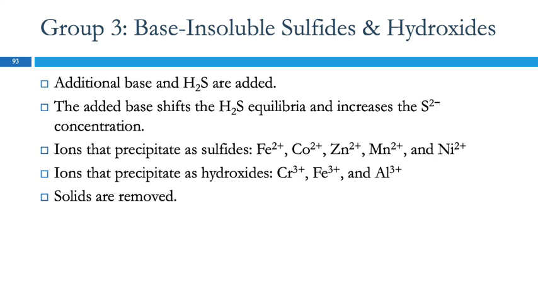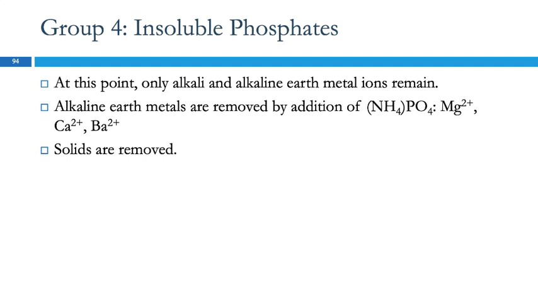If you add base to this, you make it basic, that's going to shift your H2S equilibria and cause the sulfide ion concentration to be higher, which will make some of the rest of these precipitate. These guys are going to precipitate as sulfides. These will precipitate as hydroxides. And then you've got alkali and alkaline earth metals left.